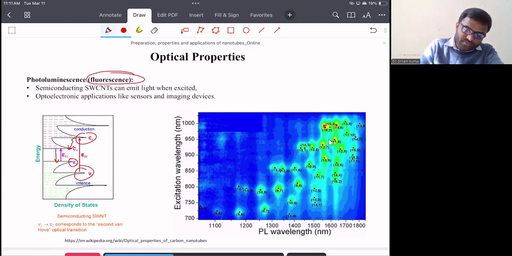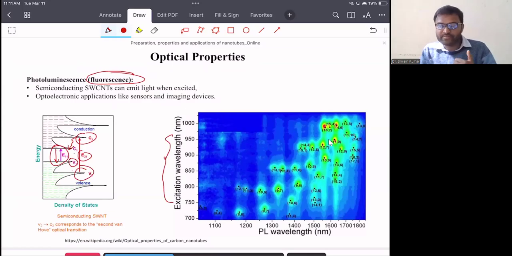Absorption happens at E22, that means at a higher energy level. So we have the excitation wavelength and the emission wavelength. The emission is from C1 to V1, which has the lower energy level, and we know E is inversely proportional to 1 by lambda.